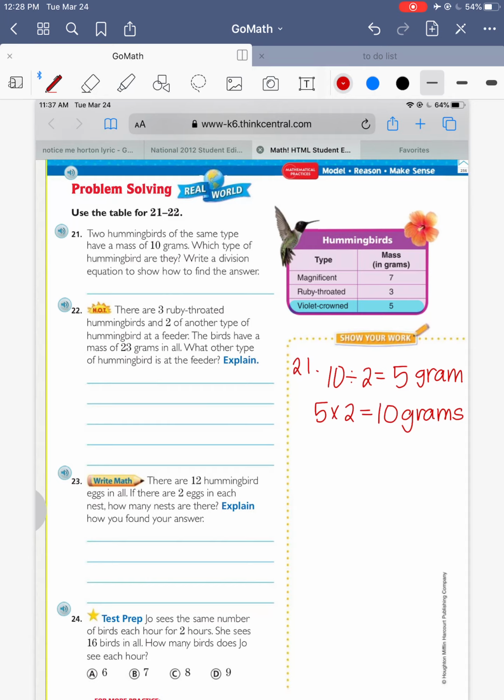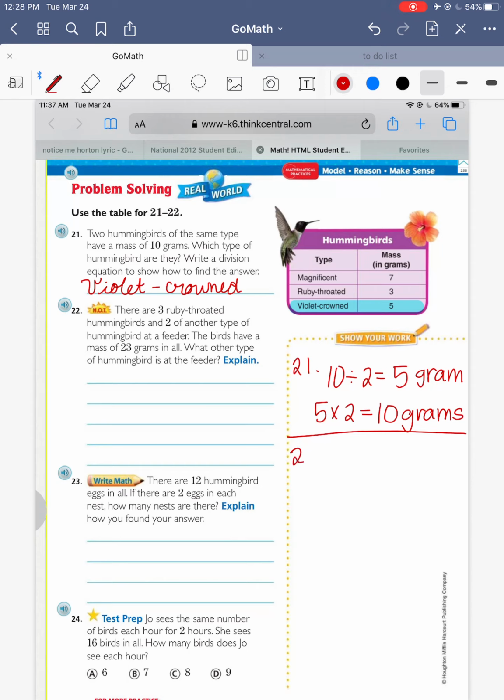So the answer to 21 is the violet, if I can spell it correctly. Violet-crowned hummingbird.